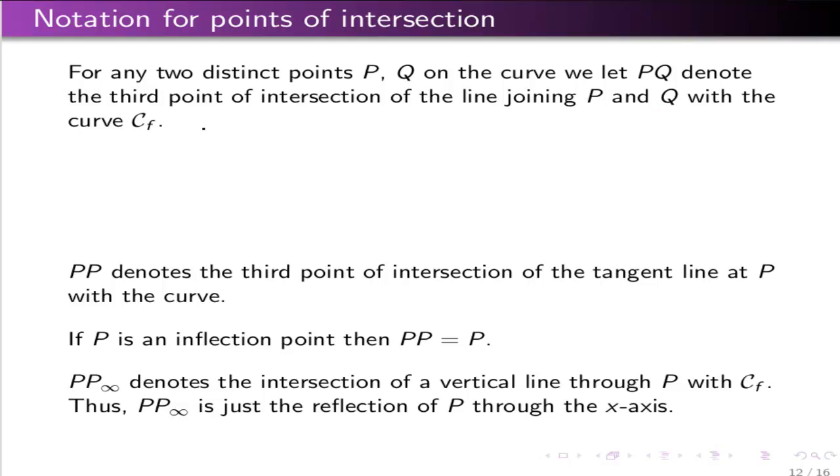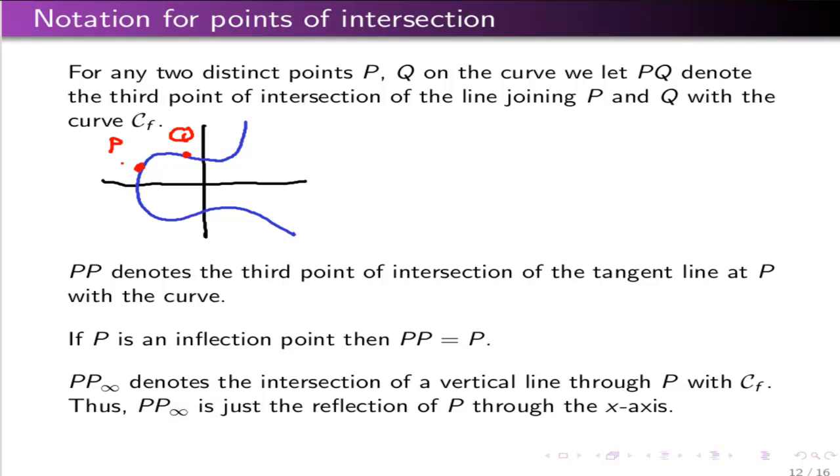So if my elliptic curve is a single component curve like this, and we have a couple points P and Q, draw the line here, and we'll call this point PQ. Just a matter of notation. PP would denote the third point of intersection for the tangent line at P with the curve.